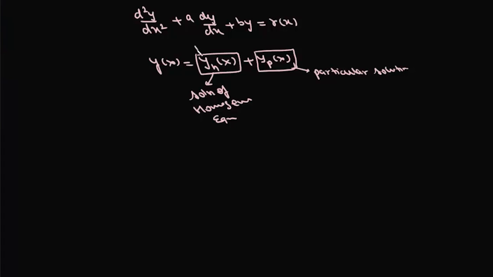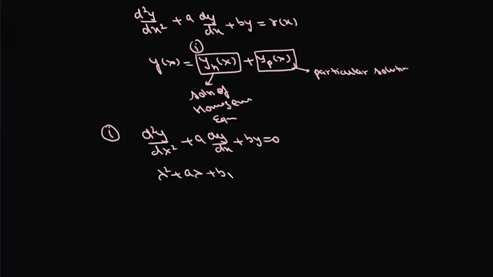So here the first step would be to find yhx, and for that all you need to do is solve this homogeneous differential equation d2y upon dx square plus a dy by dx plus by equals to 0, which will give you lambda square plus a lambda plus b equals to 0. And now we know how to find solution to this differential equation, and we'll say this solution is yhx.